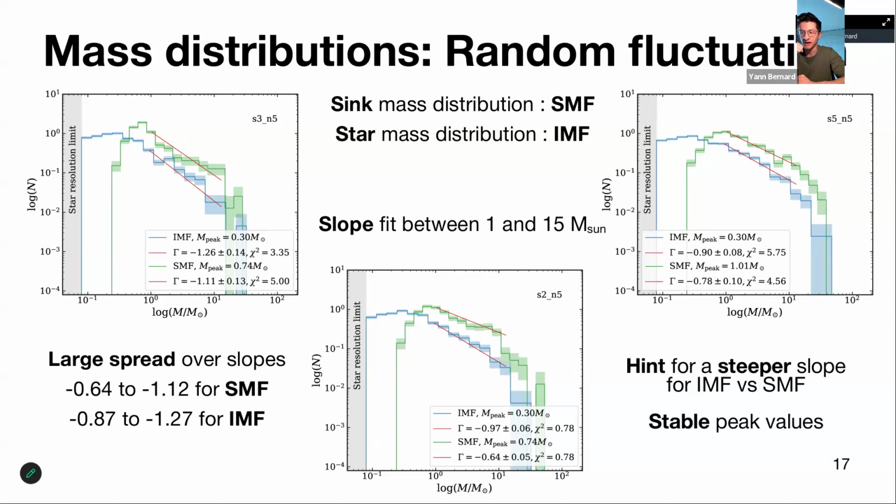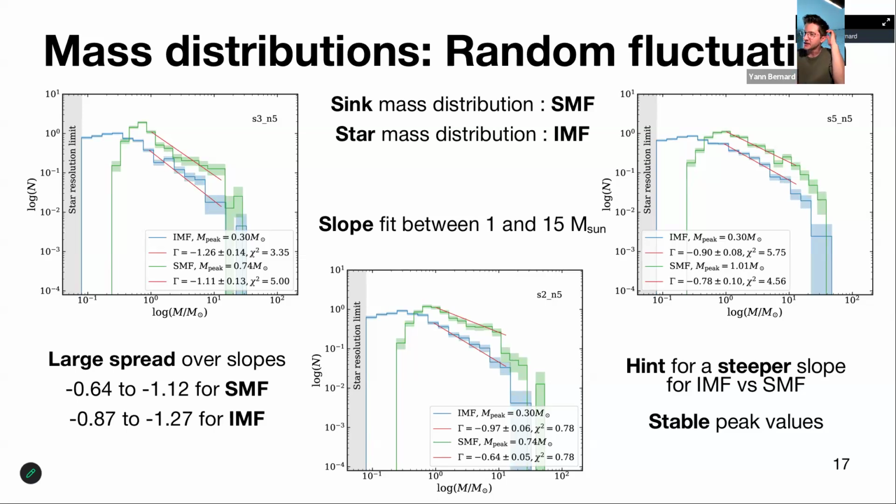And basically, we don't have enough statistics in this study to confirm if we can strictly constrain these slopes or not. Maybe we have a hint that this slope is steeper with the IMF compared to the sink mass function, but that still needs to be discussed and confirmed with more statistics.